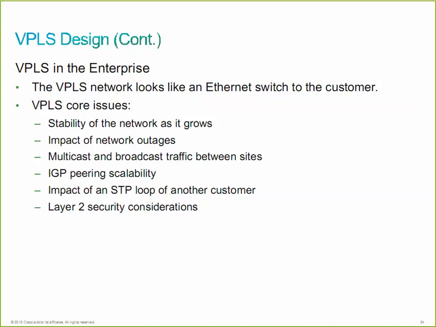They're not necessarily isolated. The other thing to consider too is there may be some layer 2 security concerns as well. Since all the traffic from all the customers is going over the same core network, we need to make sure that the service provider has implemented some sort of layer 2 security measure so that one customer can't see other customers' traffic.